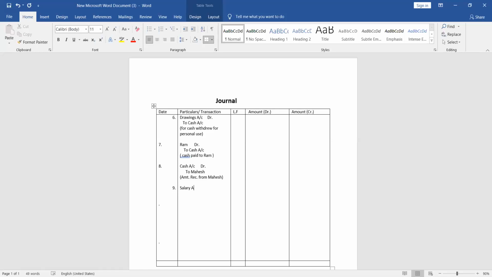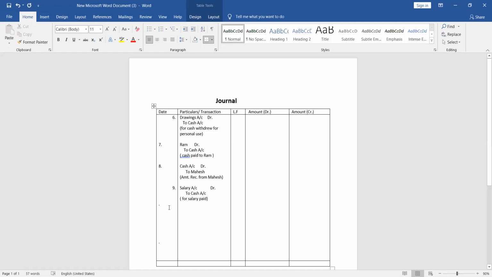So salary account debit to cash account. It will be for salary paid. Salary is an expense for the business.